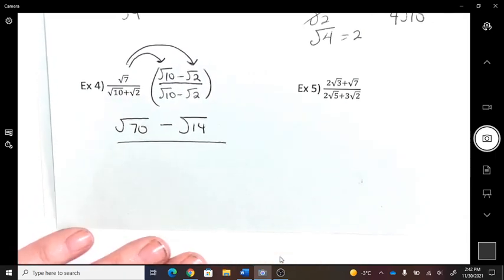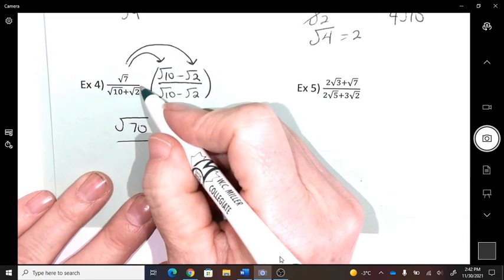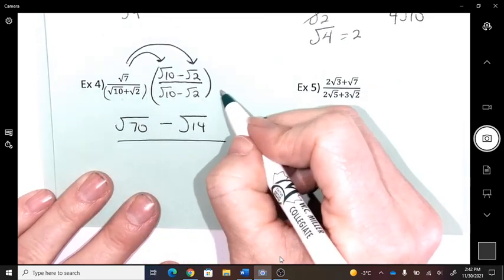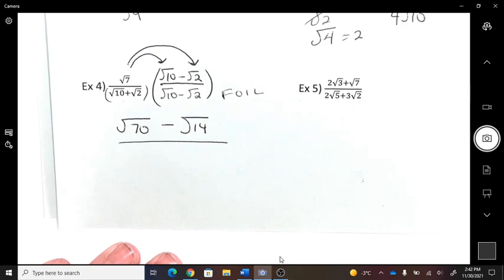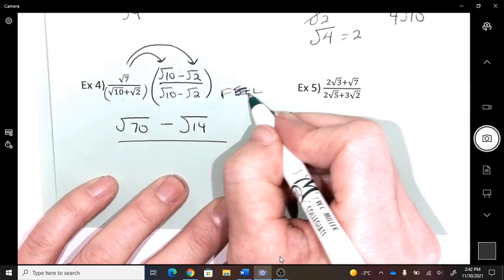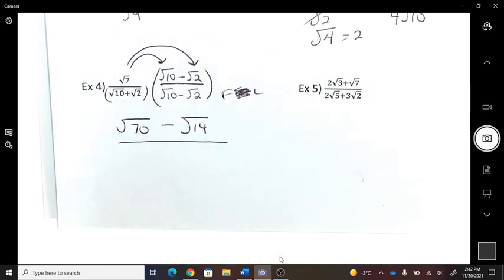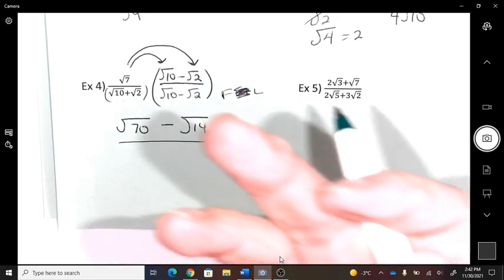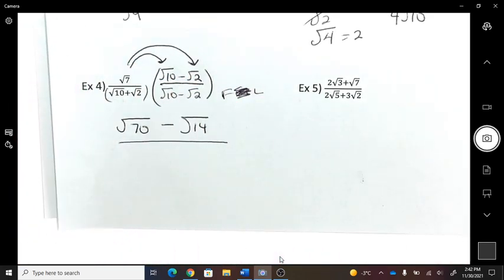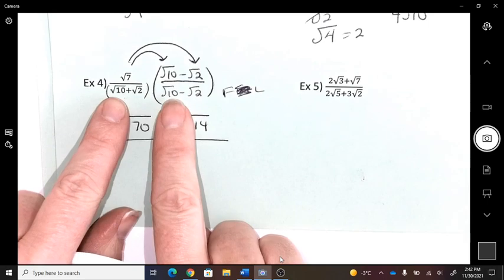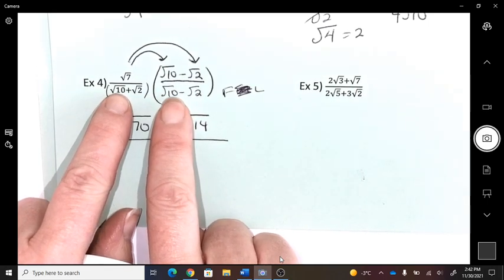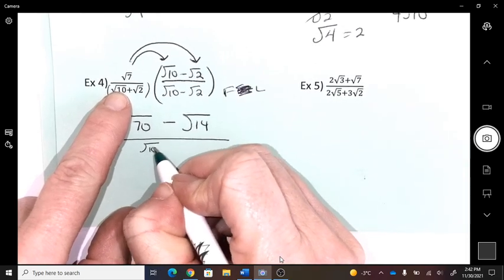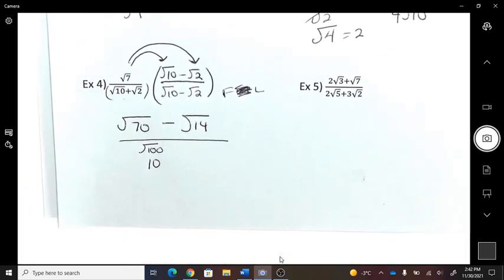On the bottom, what is the special thing about your FOIL situation? Those you don't have to do. You can do them, but you'll just notice that they always make 0. So first times first makes square root 100, and I'm okay if you just write 10 right away.